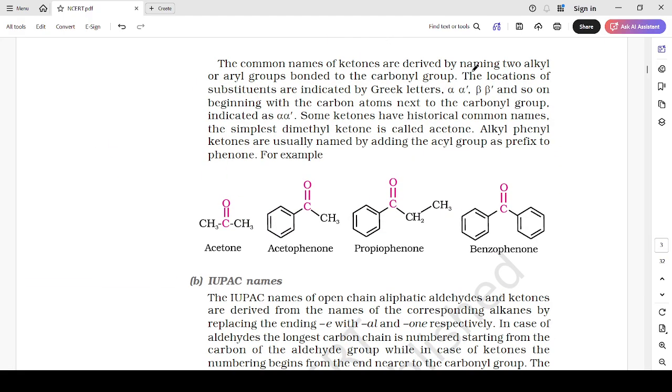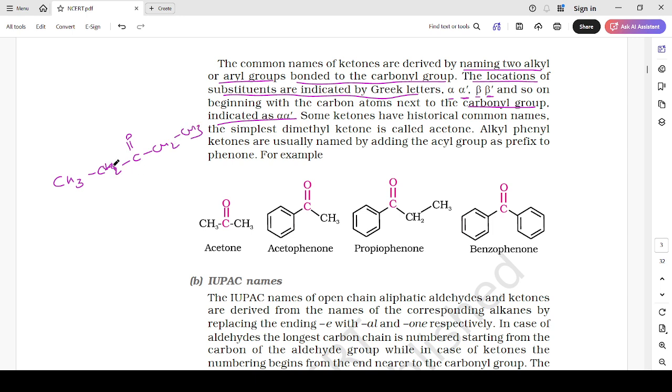Common names of ketones are derived by naming the two alkyl or aryl groups bonded to the carbonyl group. The locations of the substituents are indicated, as usual, by alpha, alpha dash, beta, beta dash, and so on, the carbon atom next to the carbonyl group being alpha, alpha dash. For example, I have CH3, CH2, CO, CH2, CH3.